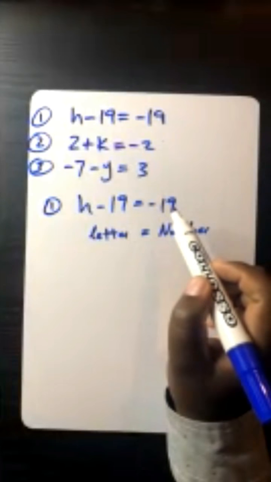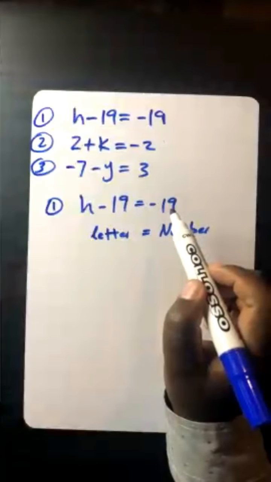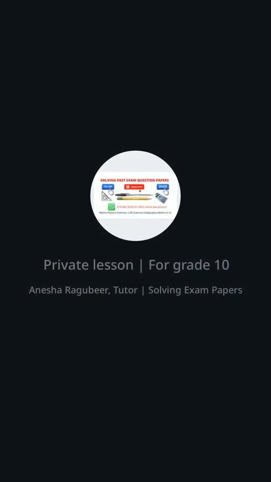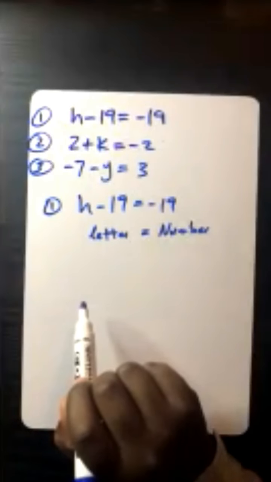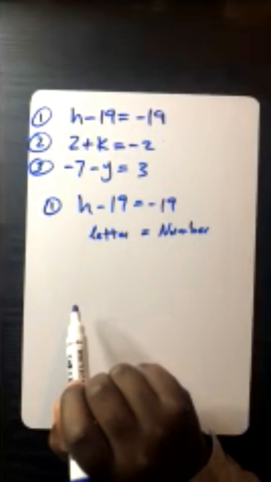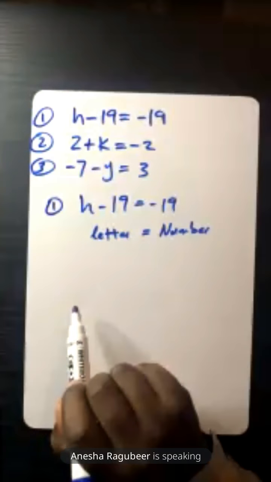Yes, sir. So now when you transpose, what happens, Shreyas? So you need to take your number, which is a negative or a positive, and you have to put it on your right side.